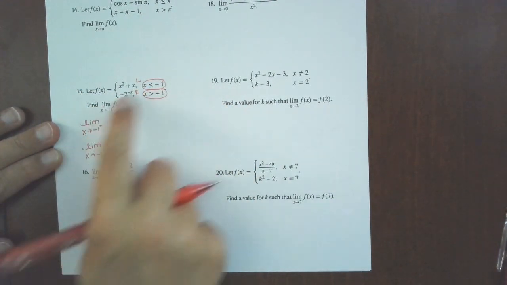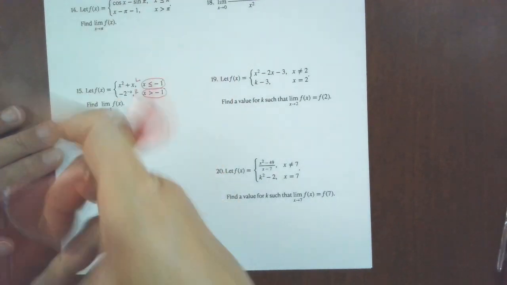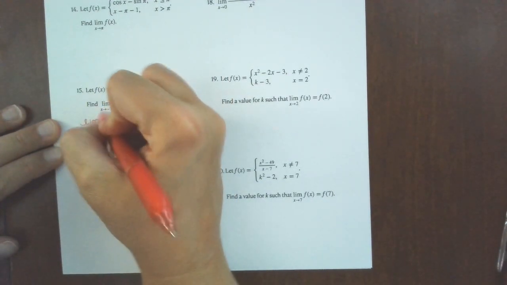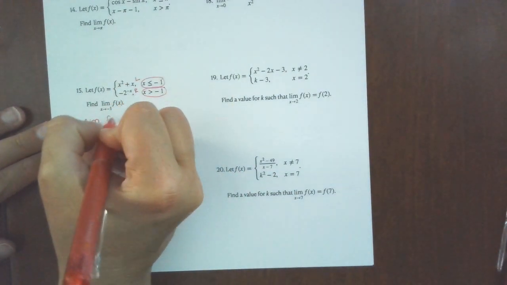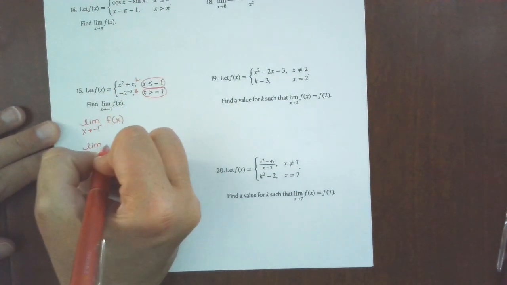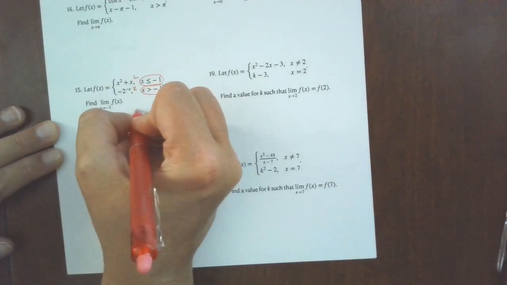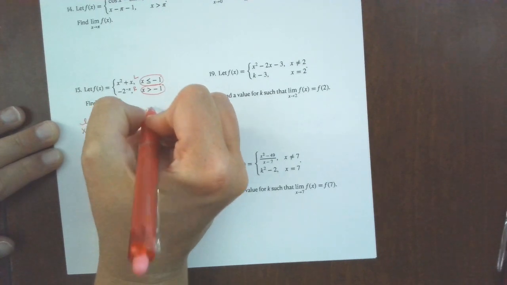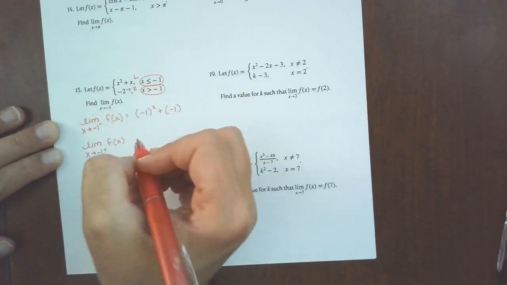Okay, so let's plug -1 into the left side. So actually here, I'm just going to write f of x, and then I'll fill the number in a second, sorry. So this should say f of x. This should say f of x. And then this I'm going to say, okay, let's do -1 squared plus -1.